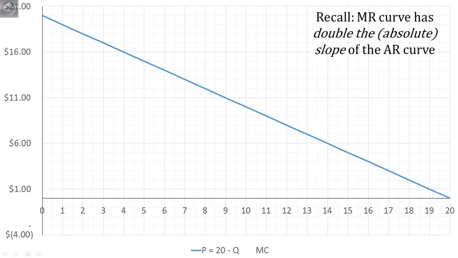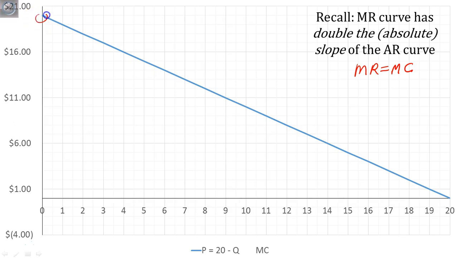In fact, let's do that more precisely. Our next question is, remember what we're ultimately aiming to get to is where marginal revenue equals marginal cost. But we need the marginal revenue curve. Now, that's actually nice and easy. We can do that in a quick and dirty way because we've got our downward sloping demand curve or average revenue curve, and we know that the marginal revenue curve will be twice as steep.